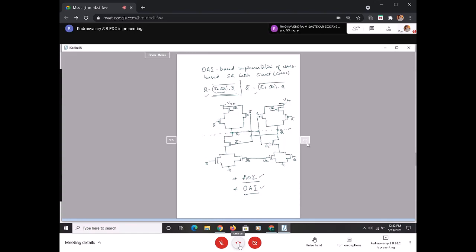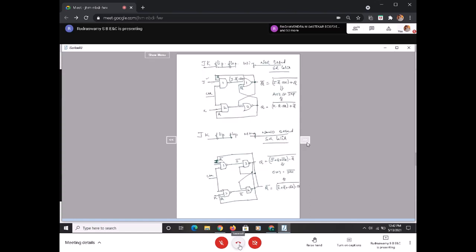Okay, from SR we went to the JK flip-flop. At the input stage, the 2 input NAND, depending upon NOR based or NAND based, become 3 inputs.